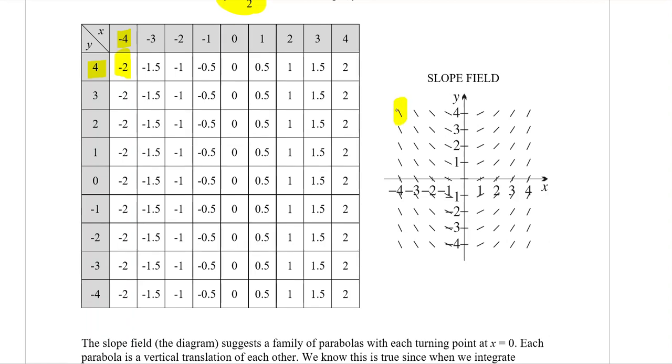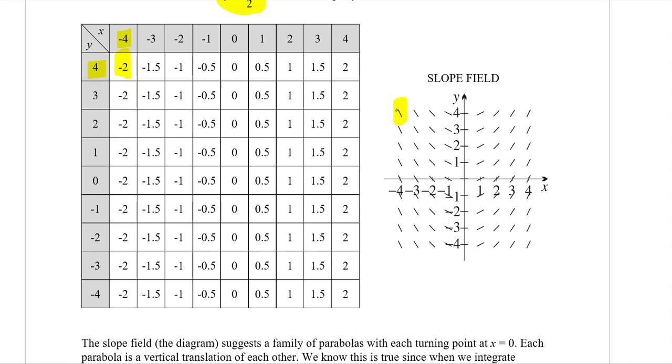So the gradient of that line is -2, and you've got to try and draw a -2. And the reason it gets difficult is because if you look across those gradients there, you've got -2, then -1.5, -1, -0.5. It's pretty hard to tell those gradients apart when you're trying to sketch them, but you just do as best as you can, and you're trying to kind of show that it's going from a steeper gradient, getting down to 0, and then going back up to a positive gradient again.